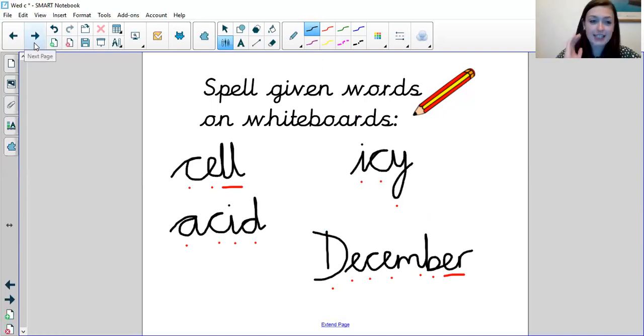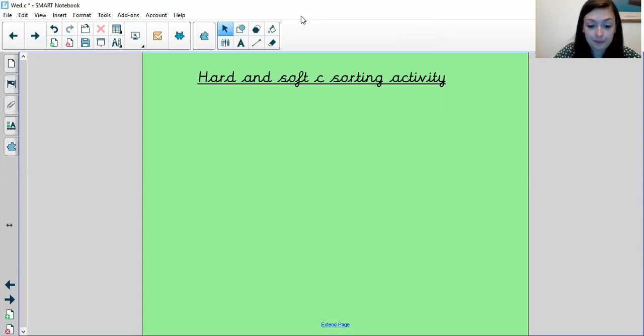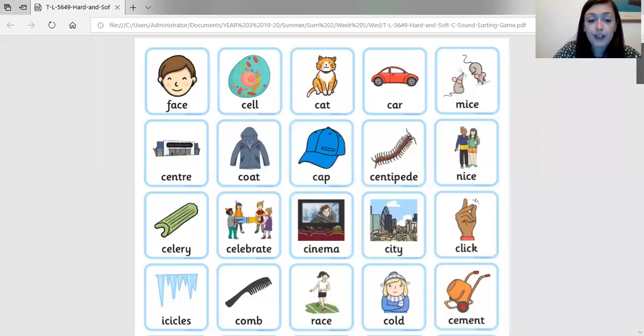So your activity today is a hard C and a soft C sorting activity. So it looks like this. So you've got a lot of words. Your job is to read them.